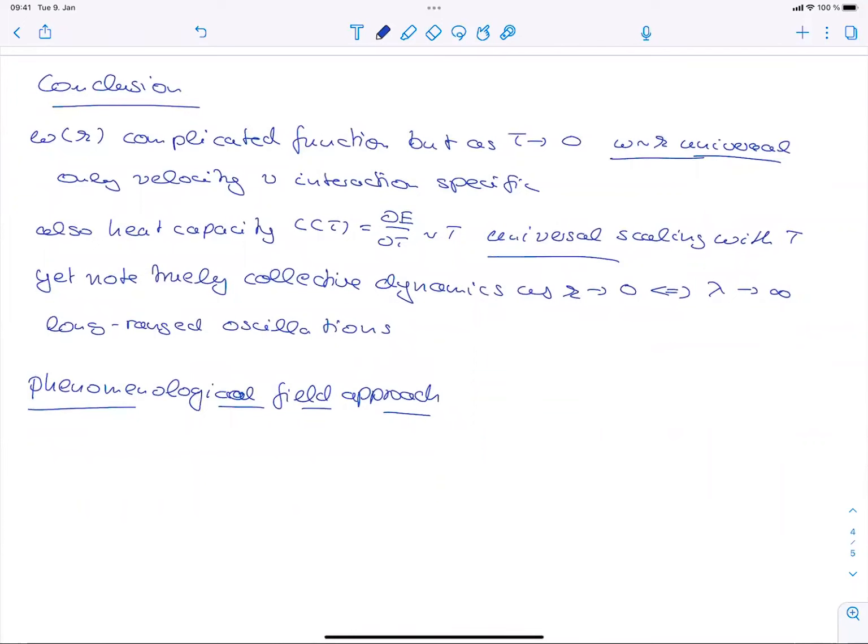And so the idea of a field is that instead of looking at the positions of the individual particles that are connected to each other and oscillating, I'm going to coarse-grain, looking at the system at a bigger length scale than the interparticle distance, the lattice spacing, and describe their dynamics as a field.